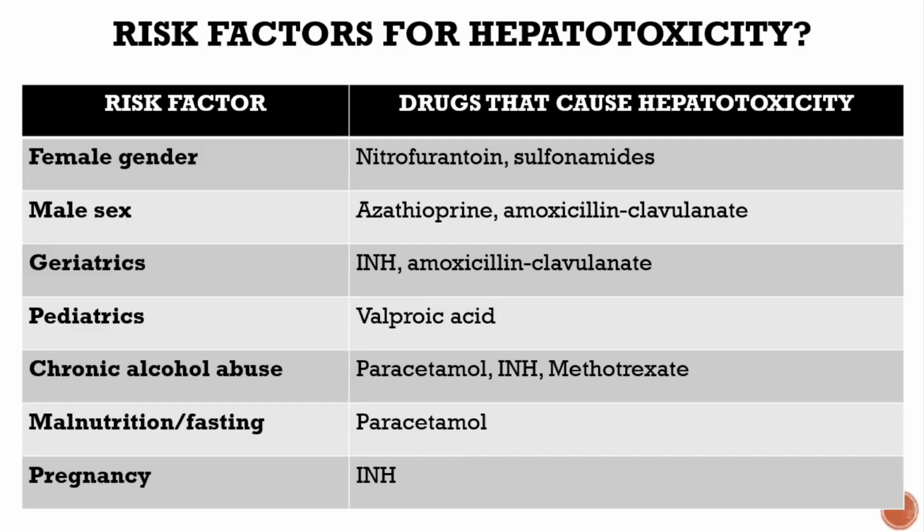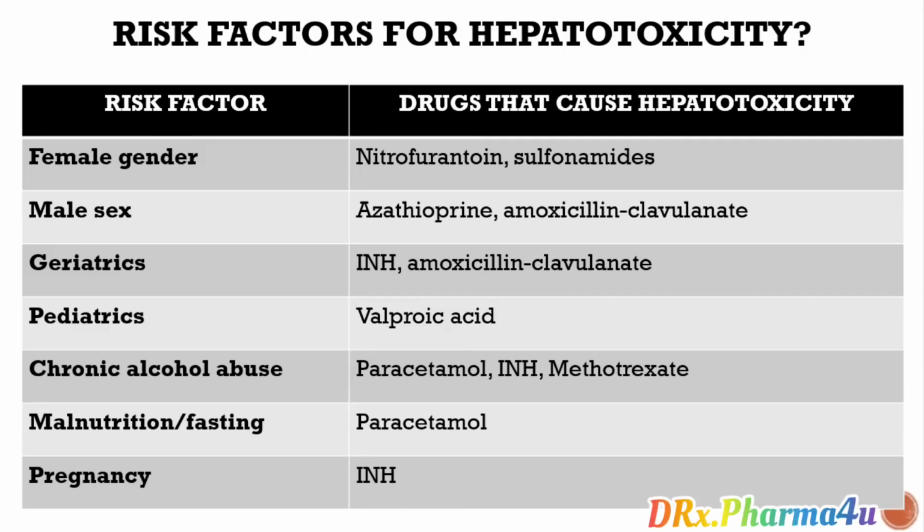So female gender, nitrofurantoin, it is actually used in urinary tract infections, and sulfonamides are usually antibiotics. And if it is a male gender, then azathioprine, amoxicillin clavulanate has shown to precipitate hepatotoxicity. But again, this is not necessary that it will happen to everyone. We have to look at a lot of factors, the patient's factors, whether the patient is having a risk of that or not.